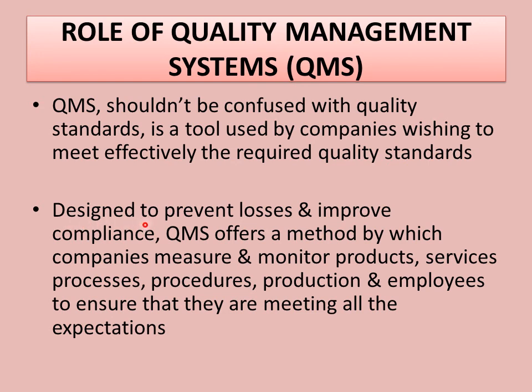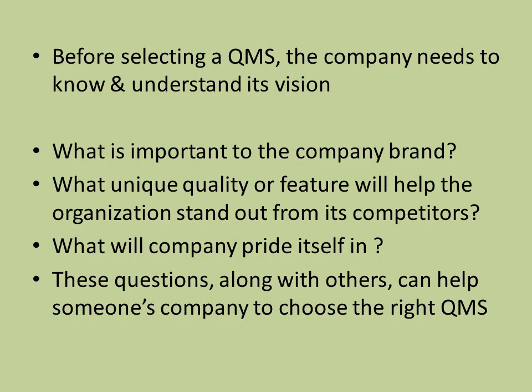Designed to prevent losses and improve compliance, quality management systems offer a method by which companies measure and monitor products, services, processes, procedures, production and employees. And why are all these things monitored? To ensure that they are meeting all the expectations. So before selecting a quality management system, the company needs to know and understand its vision.